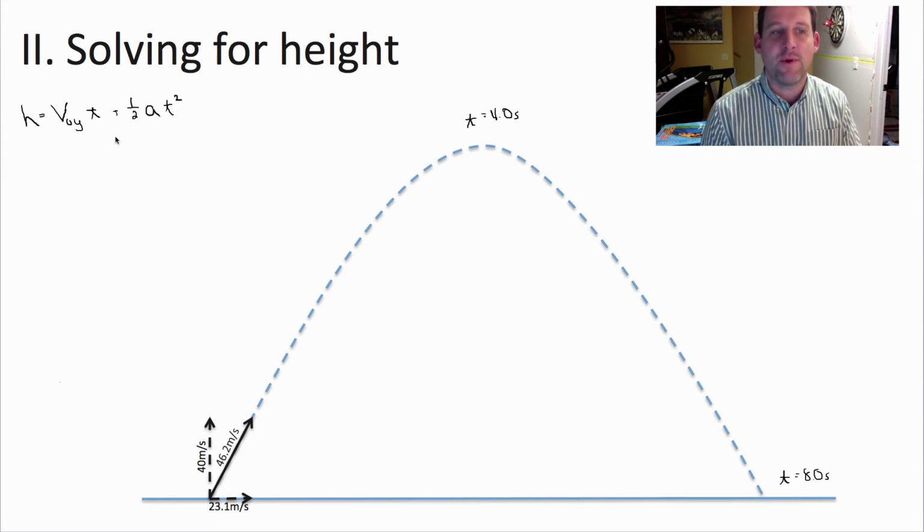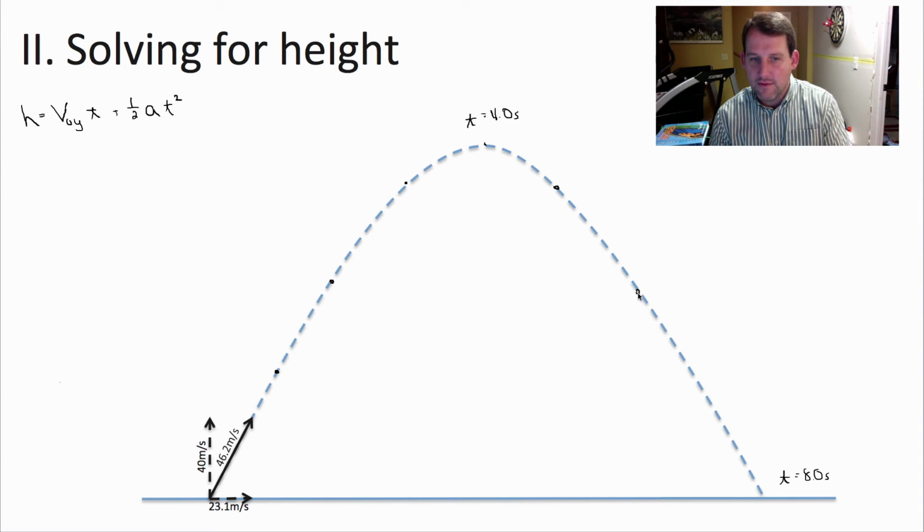This is the equation we've had a lot of experience with in the past, and we can use it to find the height at any point. So let's do that real quick for a couple heights. We said that 1 second was roughly here, 2 was roughly here, 3 was here, 4, 5, 6, 7, and 8. Let's see how well this works.